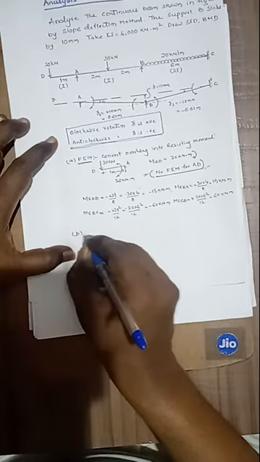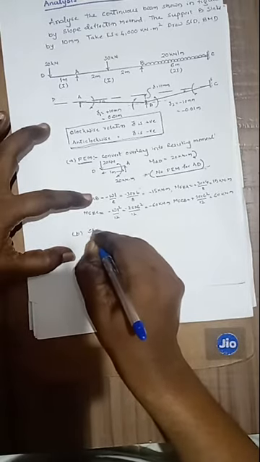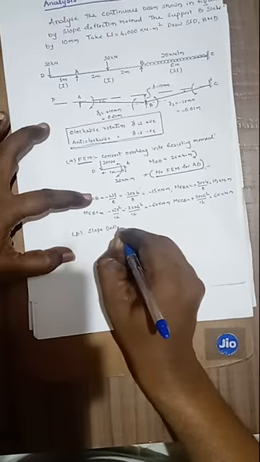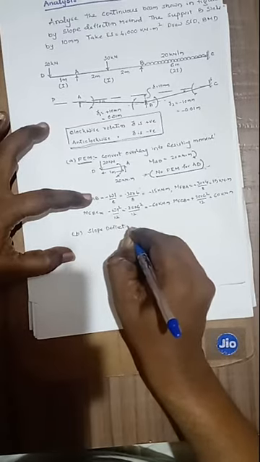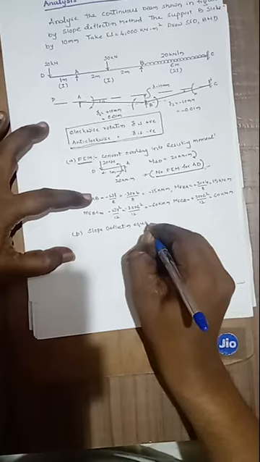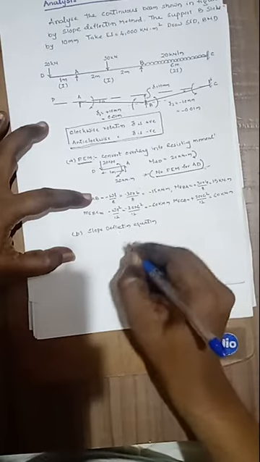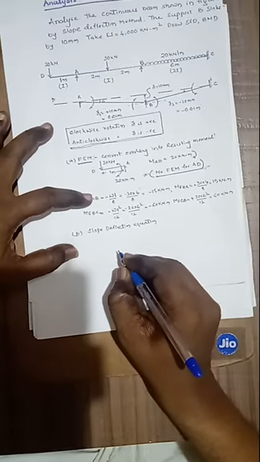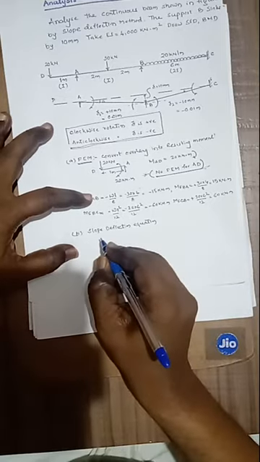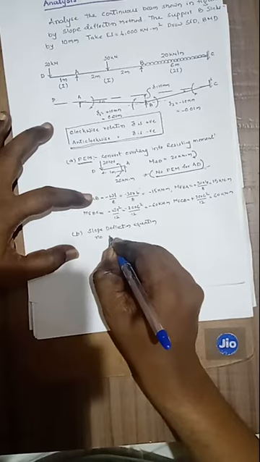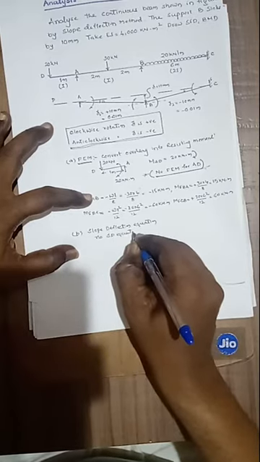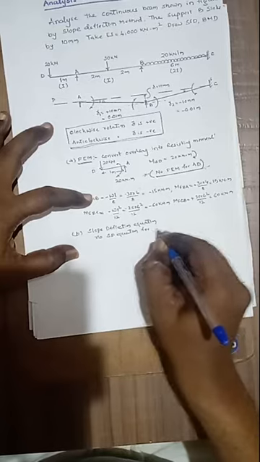Then the second step, write the slope deflection equation. Already I told you that for the overhanged portion, coming from the left side, there is no slope deflection equation for the overhang.